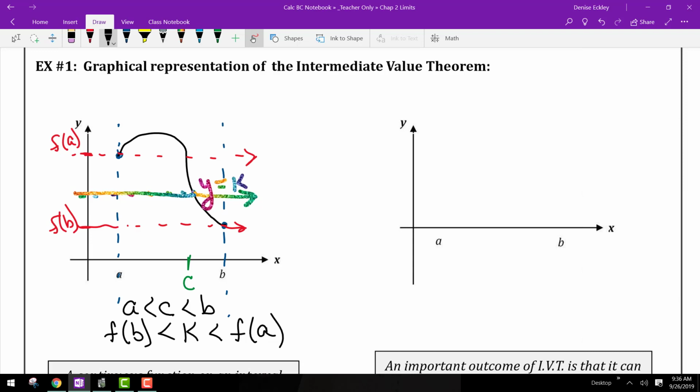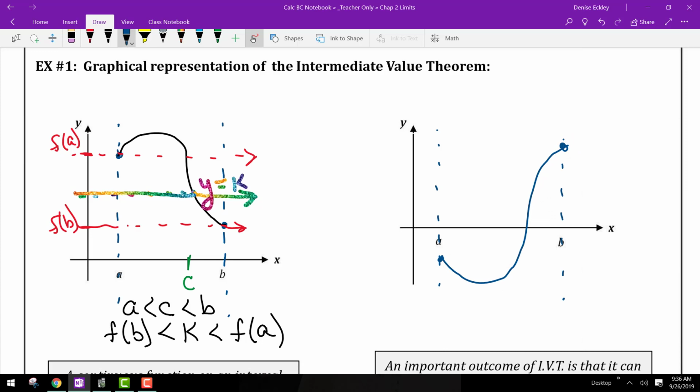Now, it could be the other way. Let's mark a line where a is and a line where b is. So this time, let's put our point at A here and our point at B up here somewhere. So let's say our curve looks like that this time.